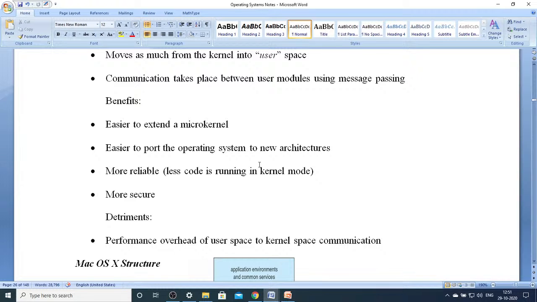When and where the user requires, those services can be executed in the user area itself, so the burden on the kernel is reduced. By this the kernel size is reduced and performance is improved. But the user area will be overburdened, because some services are removed from the kernel area and installed in the user area itself. That's the demerit.